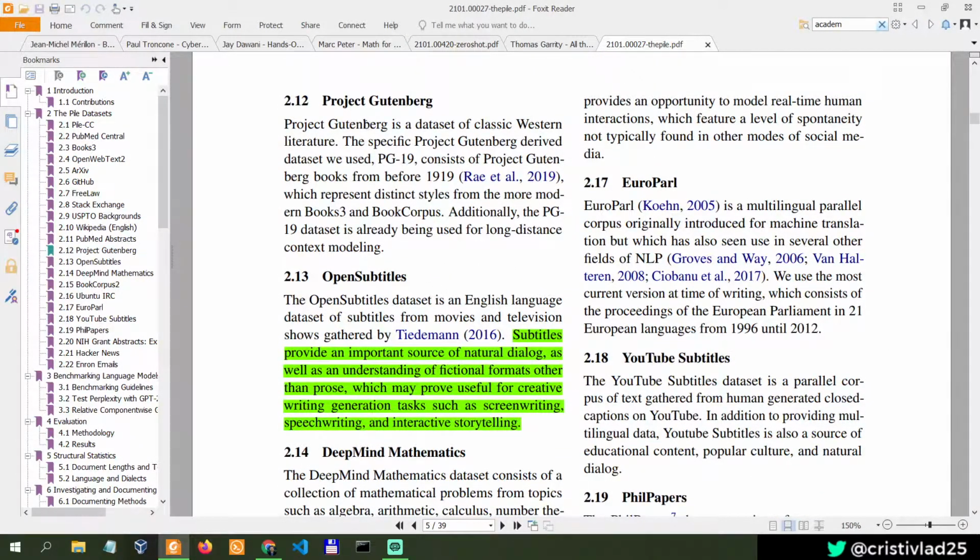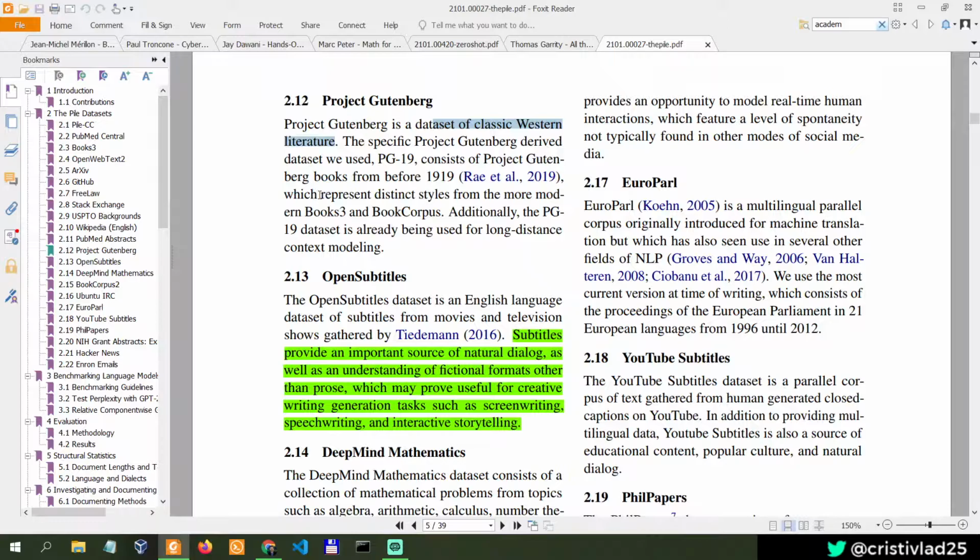And then of course we have Project Gutenberg, which is comprised of classic Western literature. It doesn't actually say how many books it comprises. So PG-19 consists of Project Gutenberg books from before 1919.